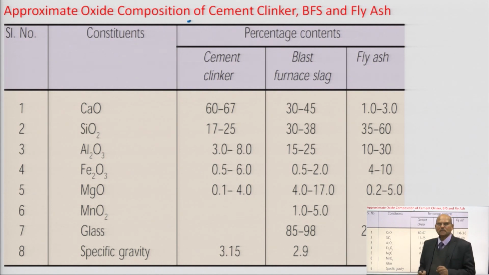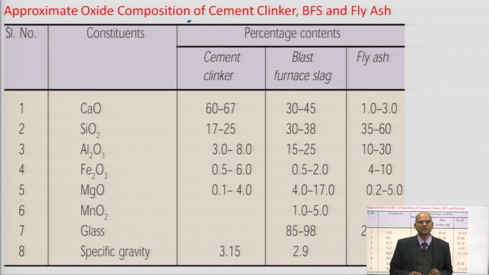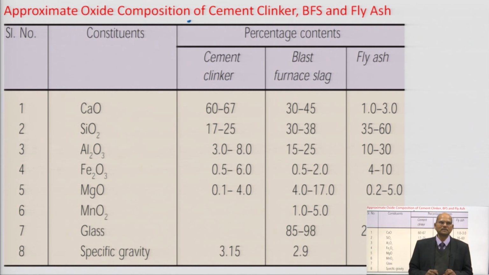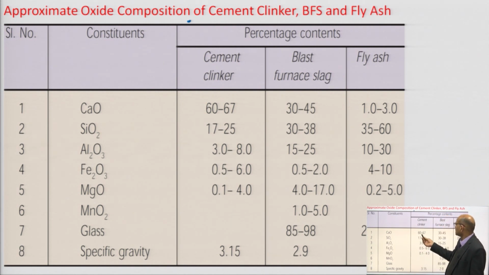So, if you see the approximate oxide composition of cement clinker, BFS and fly ash, you can see here in cement CaO percentage is around 60 to 67, in blast furnace slag you can get around 30 to 45, but in fly ash it is a little bit, around 1 to 3%.